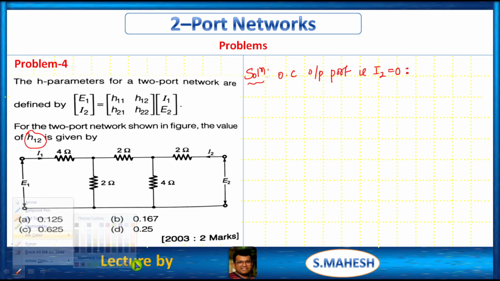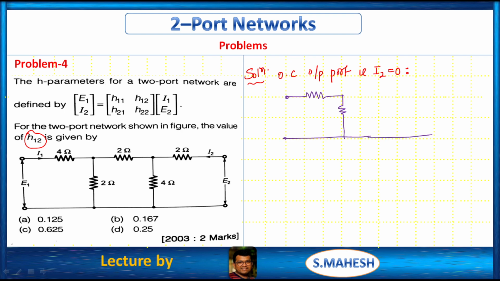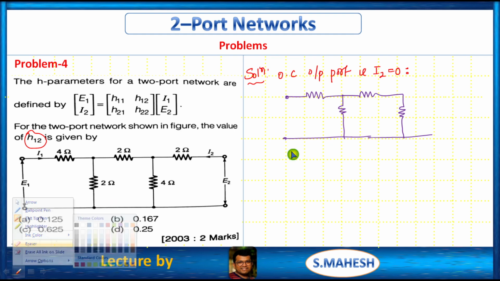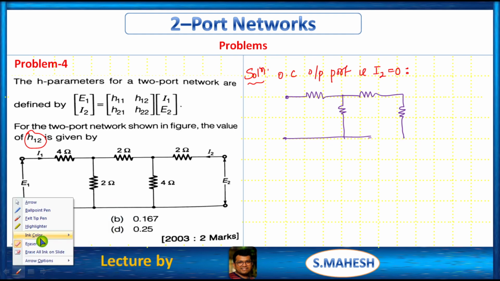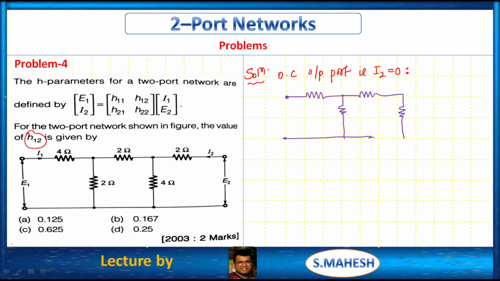When it is open circuited, the circuit becomes a 4 ohm branch, a 2 ohm branch, another 2 ohm branch, and a 4 ohm branch.